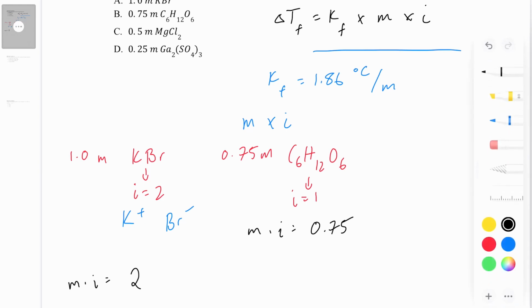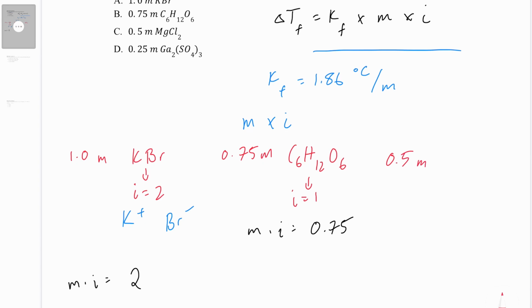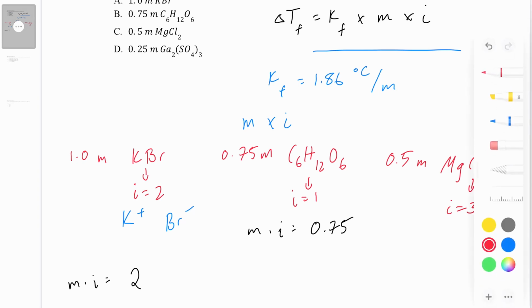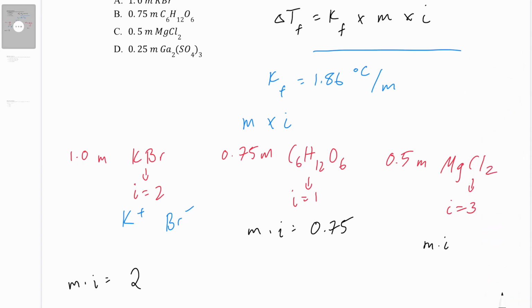Let's look at C, which says 0.5 molality MgCl2. MgCl2 is a salt, therefore it has a Van 't Hoff factor of 3. It's going to dissociate into Mg ions and 2 chloride ions. So its M times I value is going to be 1.5.